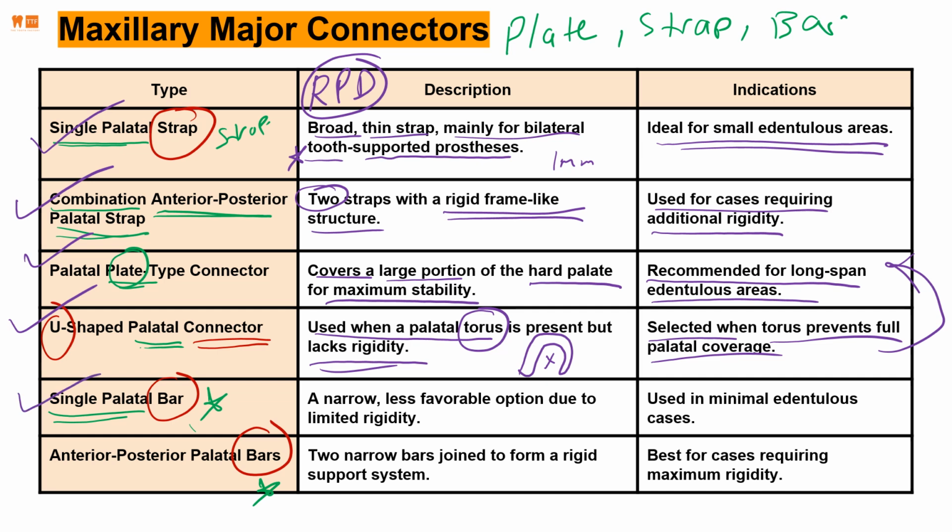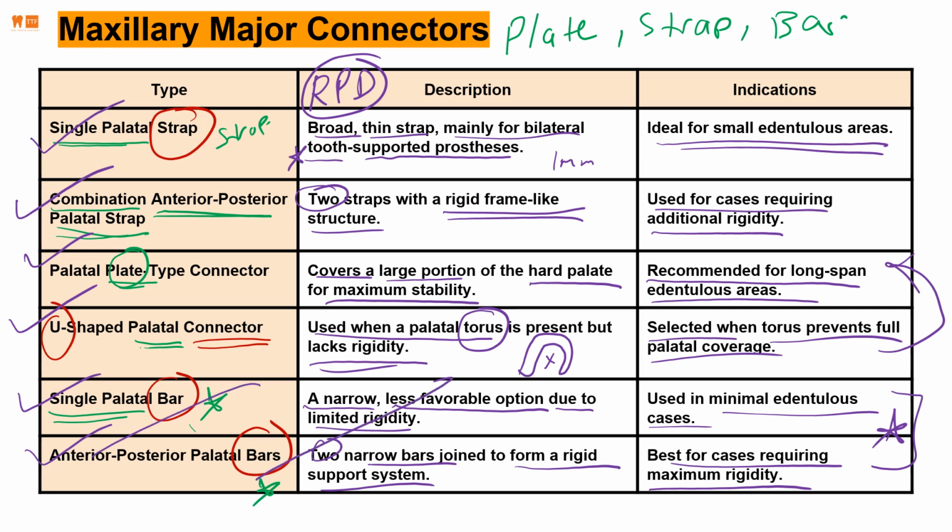Then comes single palatal bar. It's a narrow, less favorable option due to limited rigidity. Used minimum in small edentulous areas, and of course there's 2 narrow bars with joint to form a slightly more rigid, best for cases with maximum rigidity. But bars for maxilla, let's not go for it, right?